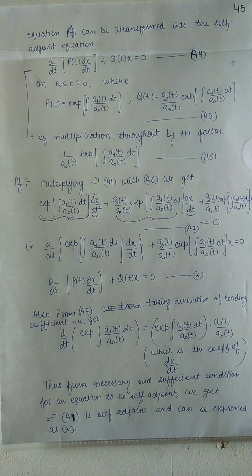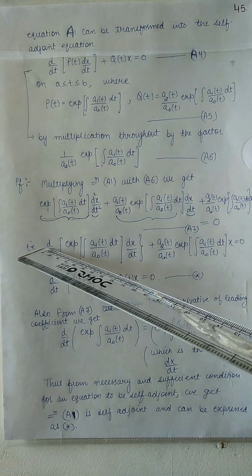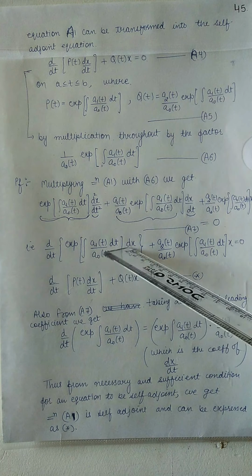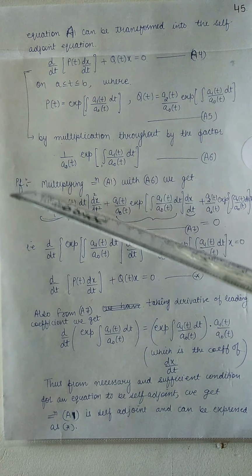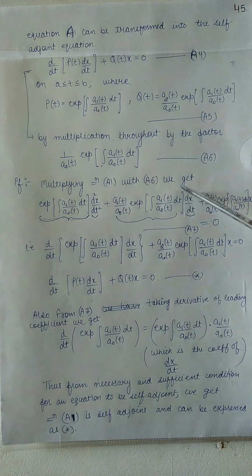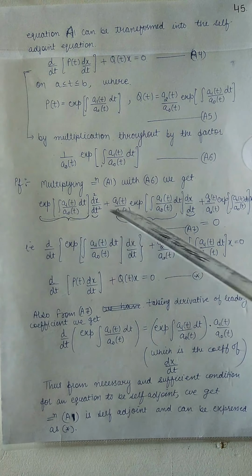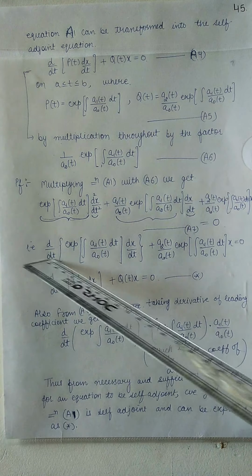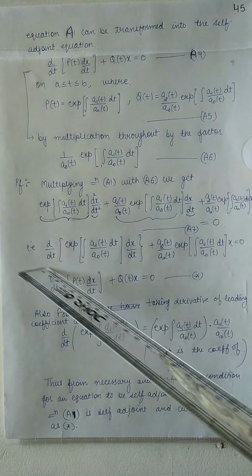This equation A7 can further be written in the form d/dt (exponential of the integral of a1(t)/a0(t) dt times dx/dt). If you combine these two terms, the first is the term times the derivative of dx/dt, and the other is the derivative of this term times dx/dt, so we can write a single term by combining them.